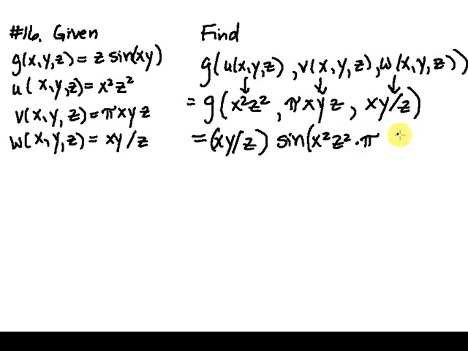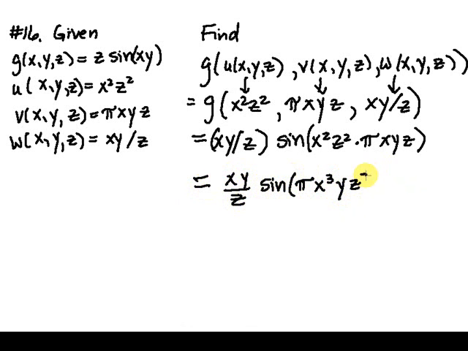So here we have sine of the first coordinate, x squared z squared, and the second coordinate is pi xyz. Simplifying a little bit, we have xy over z times the sine of pi x cubed y z cubed.